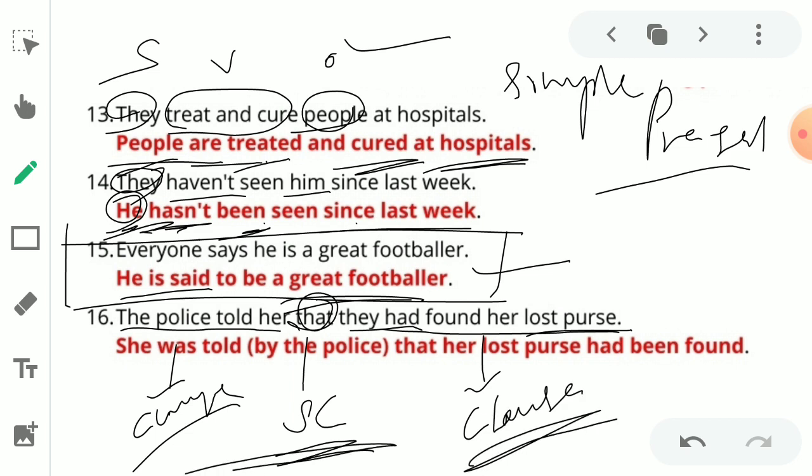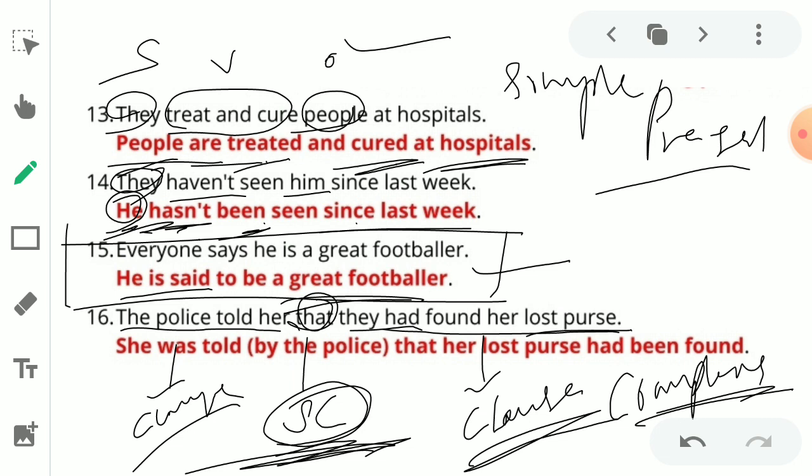So which sentence is it? This is nothing but a complex sentence. Complex in the sense that the sentence involves a main clause and a subordinate clause, combined by a subordinating conjunction. That is known as complex here.